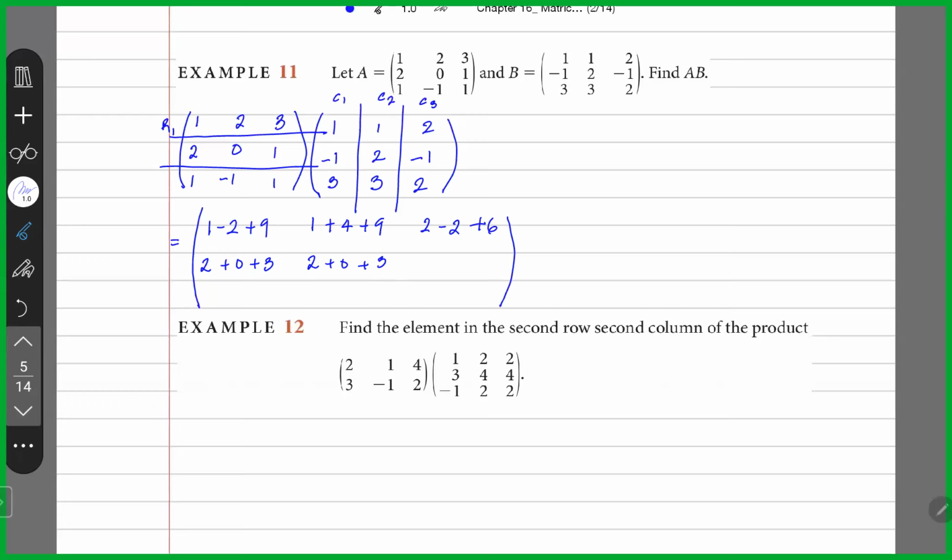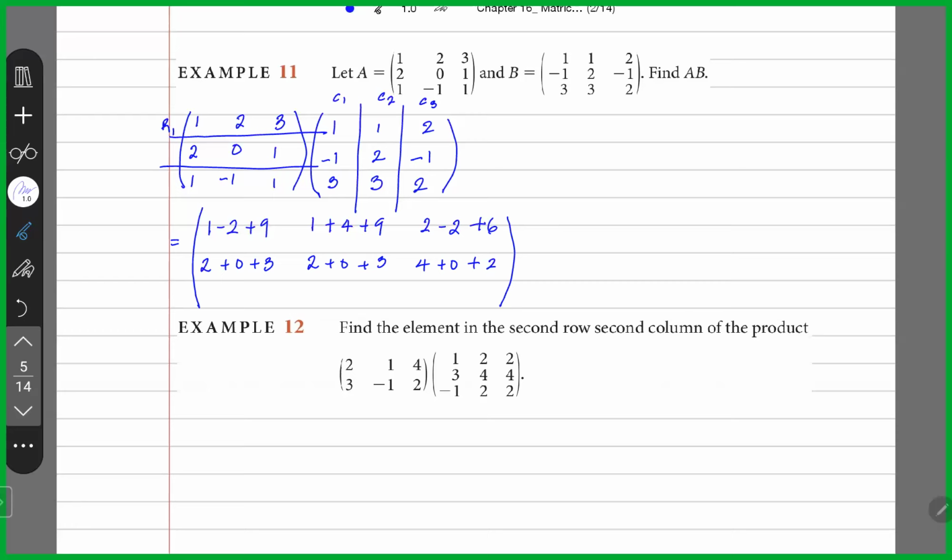Next, middle row, right column, 2 2s, 4. 0 times minus 1, 0. 1 times 2, 2.